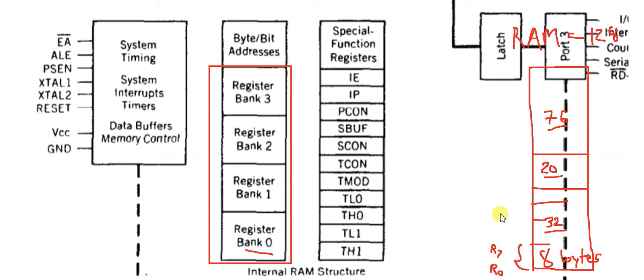So this is bank 0. Similarly we have bank 1, which is again 8 bytes, and it also contains 8 registers or 8 bytes of memory, R0 to R7.